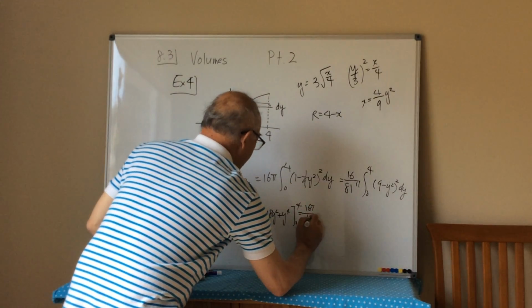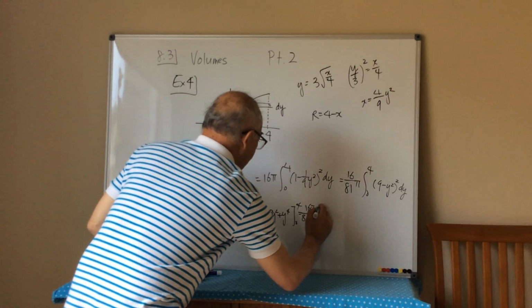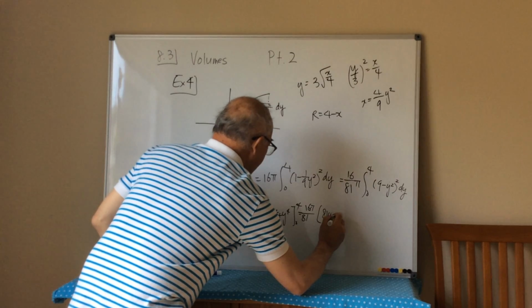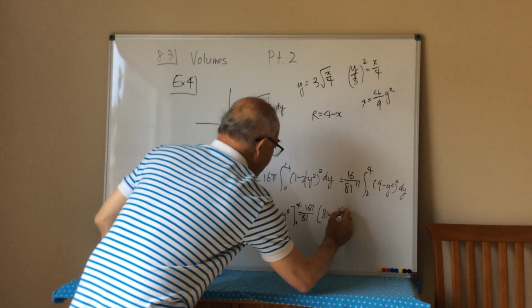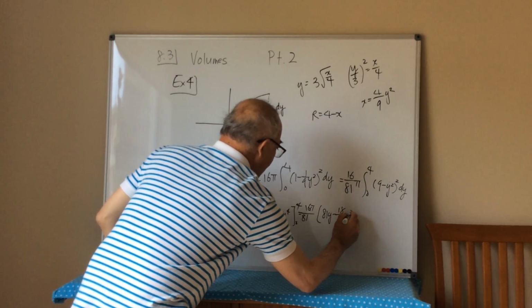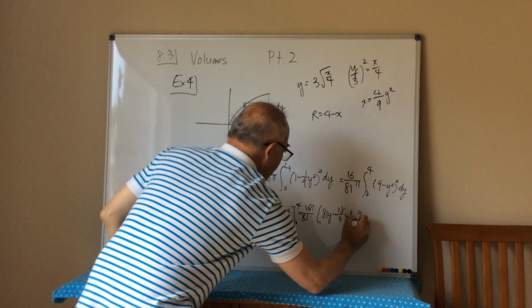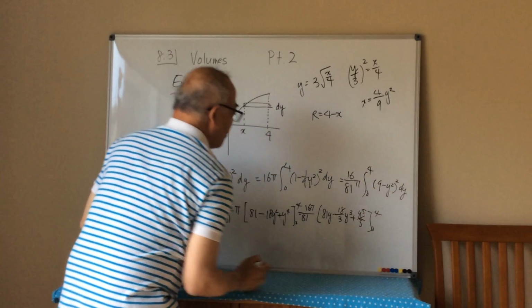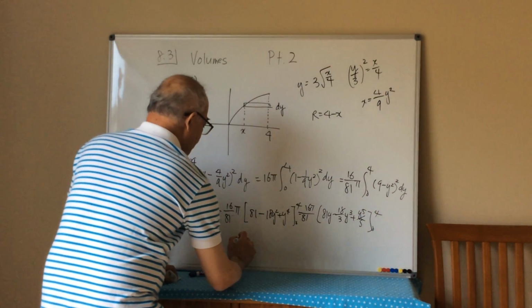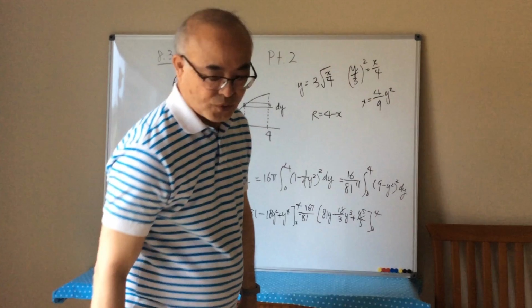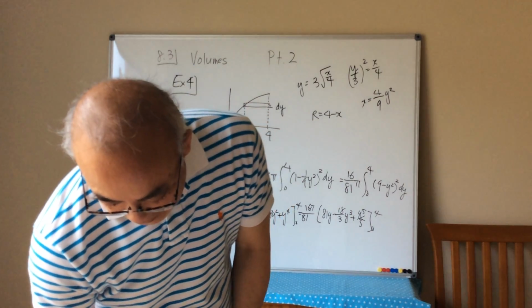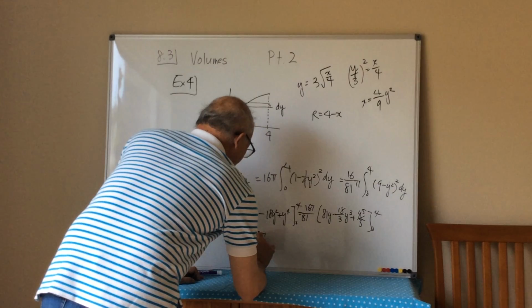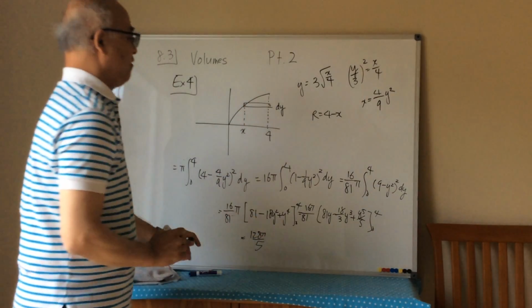That's 16 pi over 81 times 81y minus 6y cubed plus y to the 5th over 5, 0 to 4. And if we do that, we get 128 pi over 5.